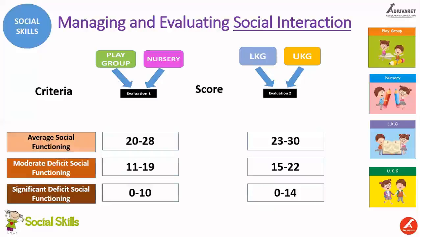If the score is between 20 and 28 for the pre-KG group and 23 to 30 for the KG group, that shows the child's social functioning, as far as social interaction skills are concerned, is average. Average means there is huge scope for further improvement, and we must identify out of these 11 skill checkpoints what are those areas where the child is missing out.